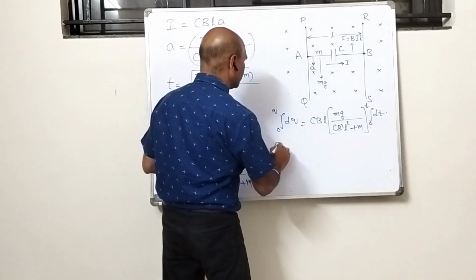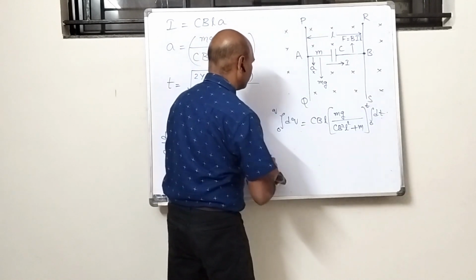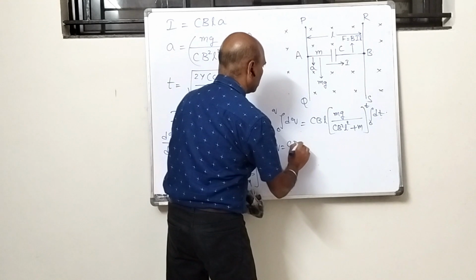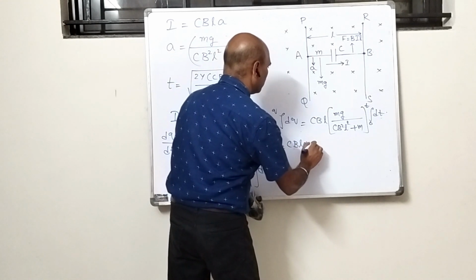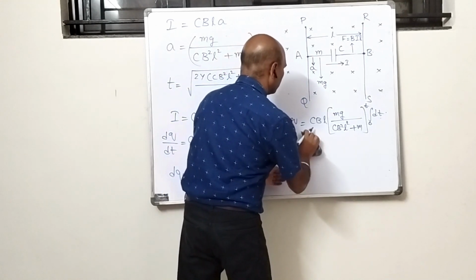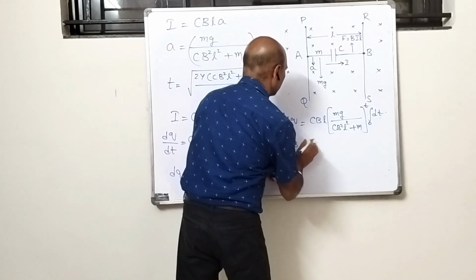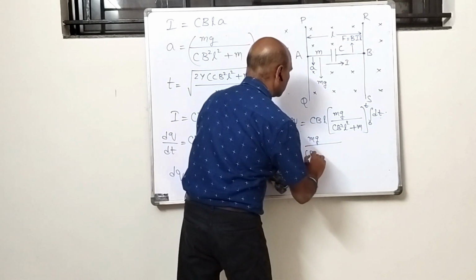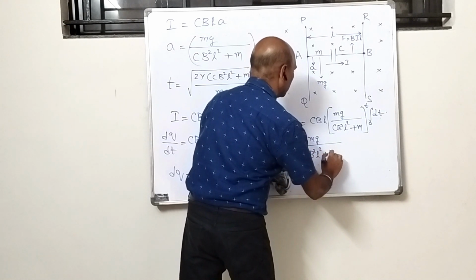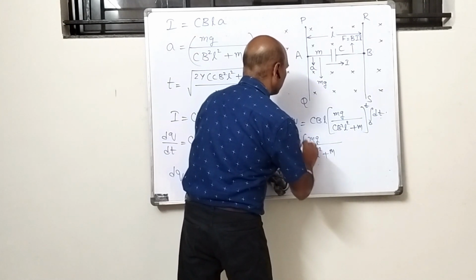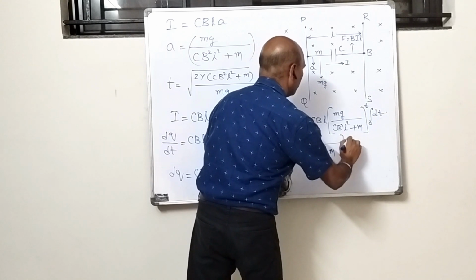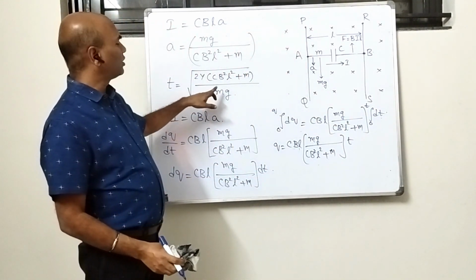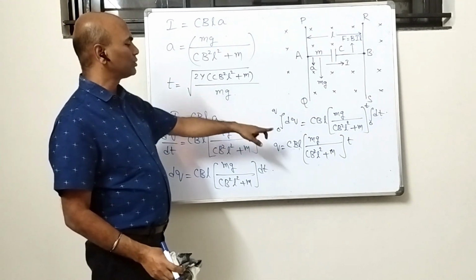So obviously this becomes q is equal to CBL into mg by CB square L square plus m into t. Now I have an expression for t here already, so I would substitute.